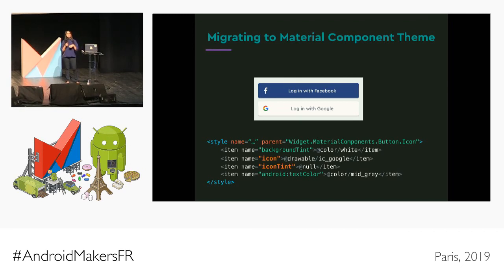So essentially, the icons are tinted by your colorPrimary by default, and if you want to keep the original color of the icon like we wanted to with the Google icon, we set it as null. And there's also icon gravity, icon padding, icon size, etc. So you have a lot more control over this icon versus in the drawableStart universe. And there's many more button styles, like outline button style, text button style, etc. So a lot of things that we were doing by hand, they're ready-made styles available for us now.